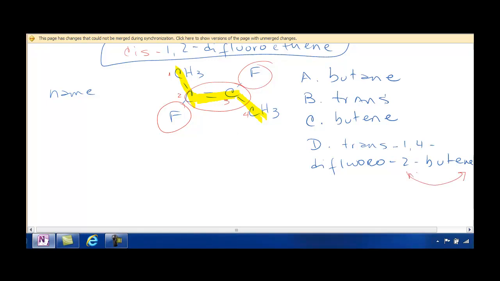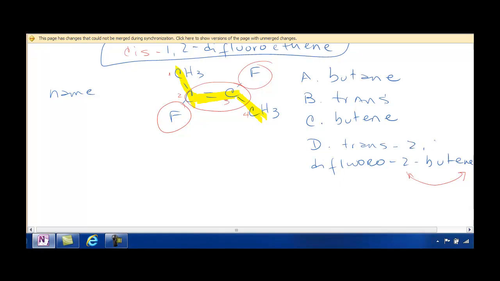That means double bond between 2 and 3. And the fluoros are on carbons 2 and 3, so I don't like these 1 and 4. That's the only thing I don't like. Let's fix that one.